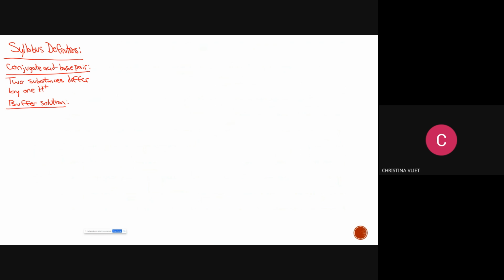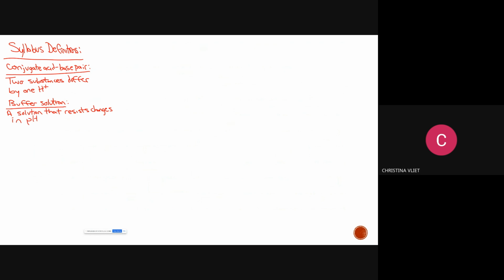A buffer solution is a solution that resists changes in pH, and that gives you 1 point typically.